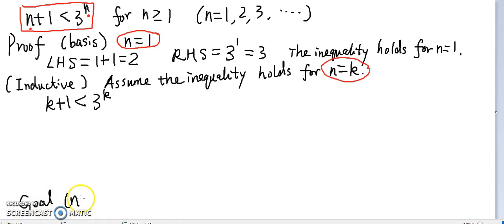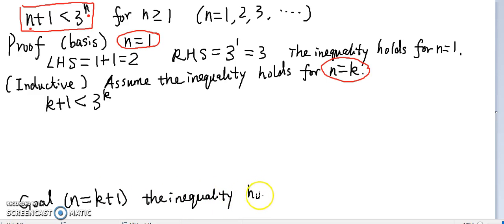The goal is always the formula or inequality for n equal to k plus 1. So we increase n from k to k plus 1, which means we want to prove the inequality holds for n equal to k plus 1.